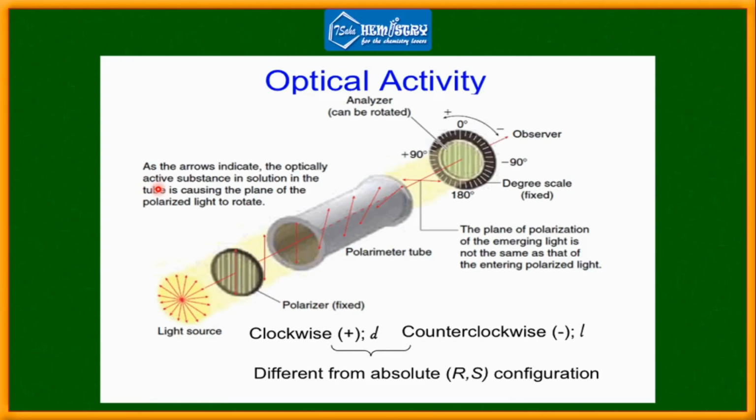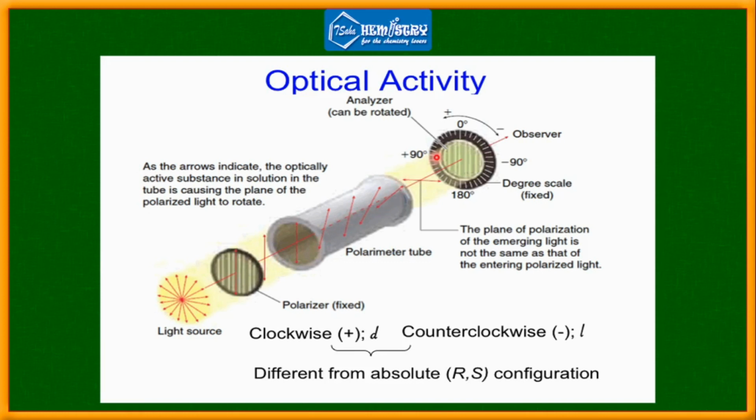Now, in this slide, I am going to discuss what optical activity is. I think all of you know that if any compound is optically active, then we have to keep this compound inside this type of tube. This is called a polarimeter tube. Now if you allow light which is polarized, what type of polarized? That is called plane polarized. After passing through the polarimeter tube, what will happen? If the compound is optically active, then the path of the light can change.